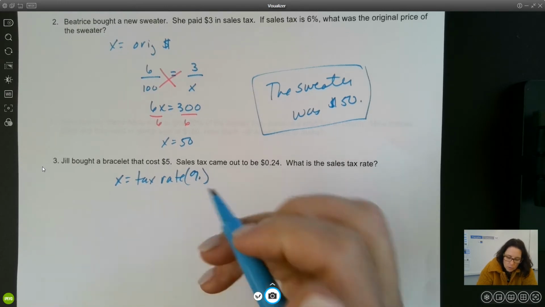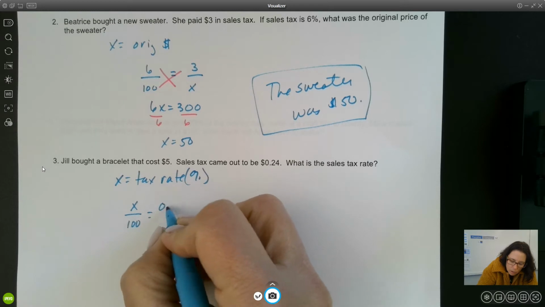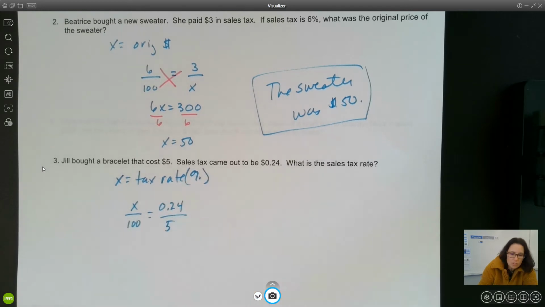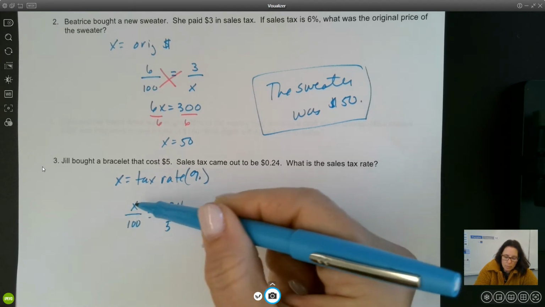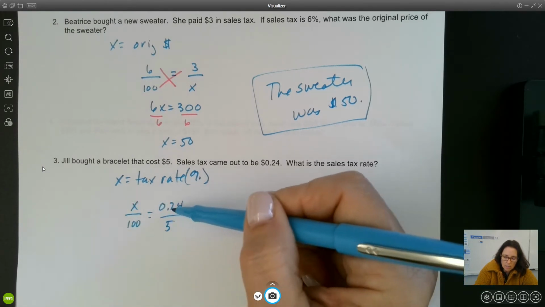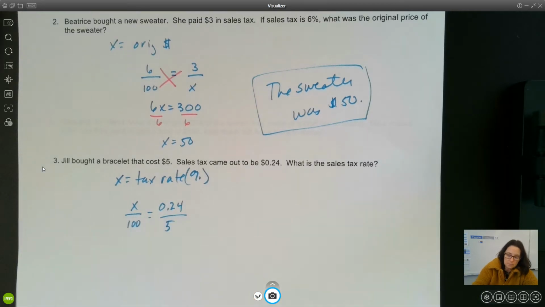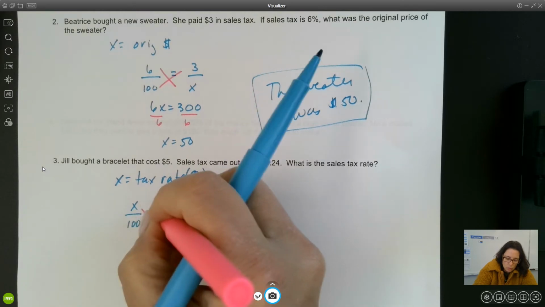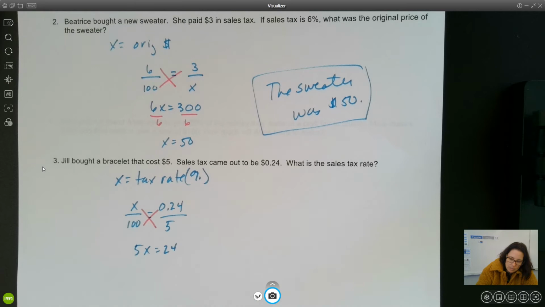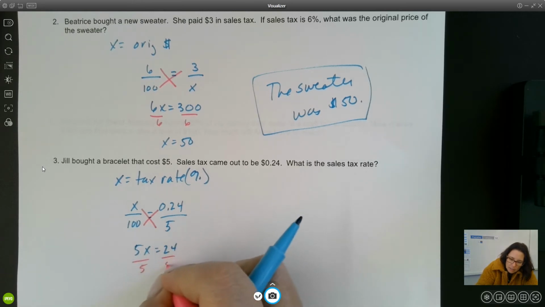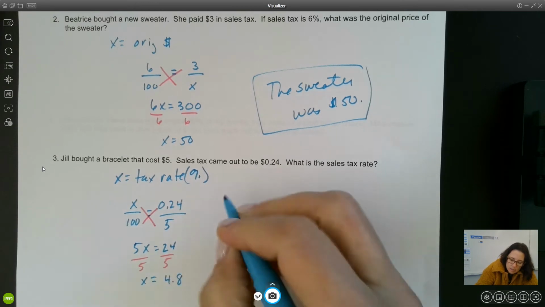All right, so we're looking for the percent over 100 that 24 cents is over the $5 total. Okay, the 24 cents goes with what the percent is, the tax rate. $5 is what the original price was. There's your setup. 5x equals 24. When you divide by 5, you get x equals 4.8.